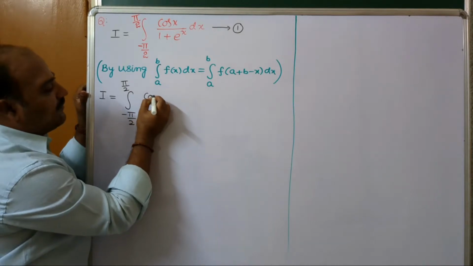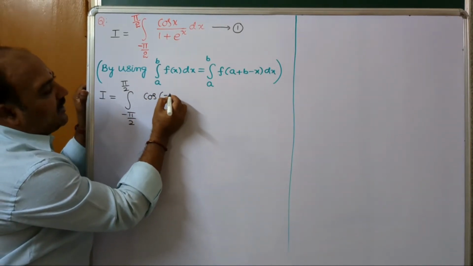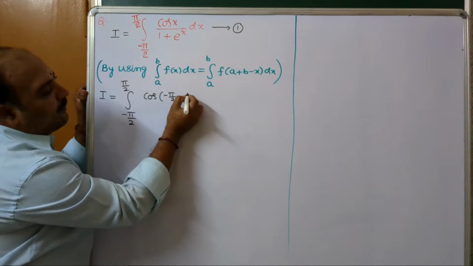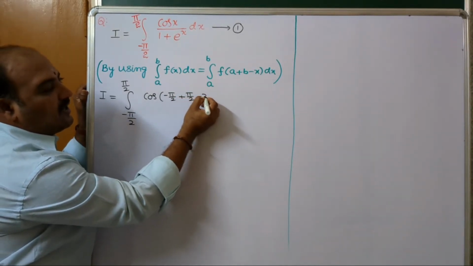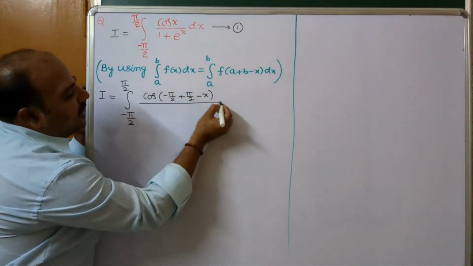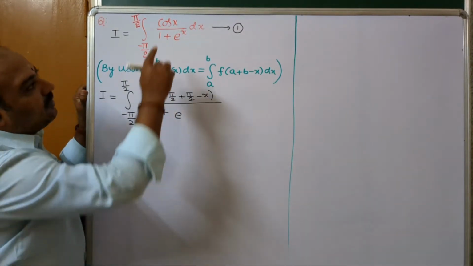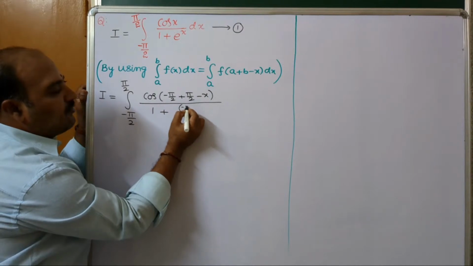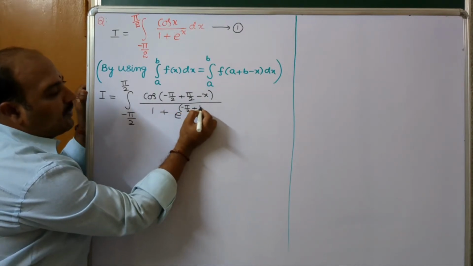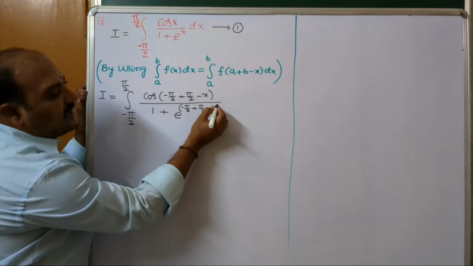So cos of a plus b minus x, whole divided by 1 plus e power a plus b minus x, into dx. Here minus pi by 2 plus pi by 2 minus x.